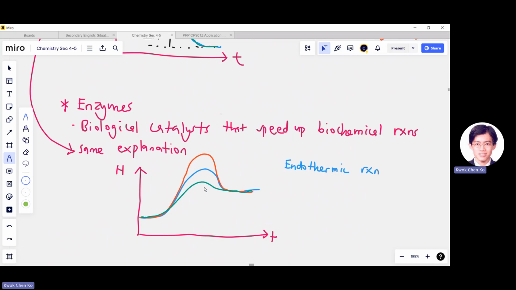This one is the most effective enzyme. Of course, in case they ask why, it lowers activation energy, and you better know where the activation energy is in the diagram. Simple, right?